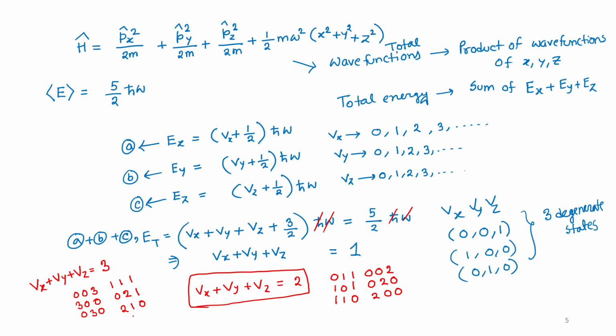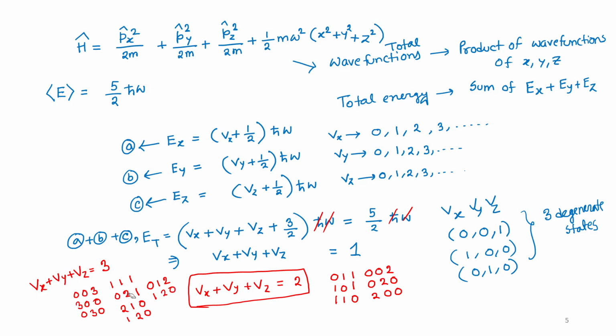Oh, there could be multiple actually. 1, 2, 0, then 0, 1, 2, then 0, 2, 1, 0, 1, 2, 2, 1, 0, 1, 2, 0.